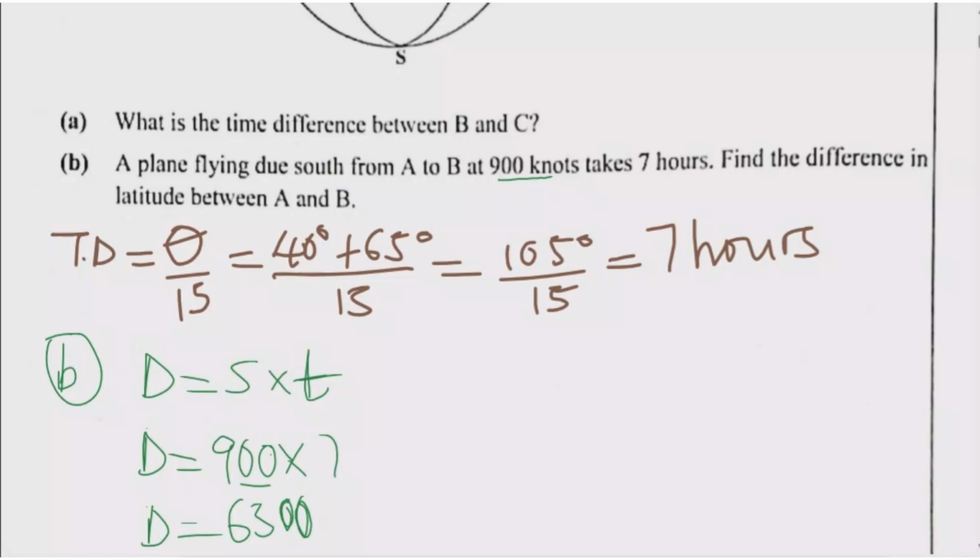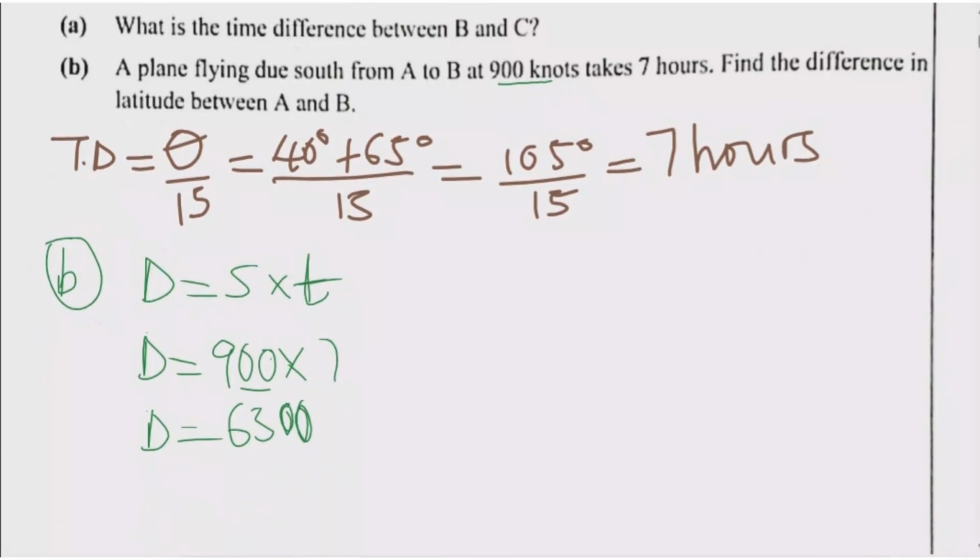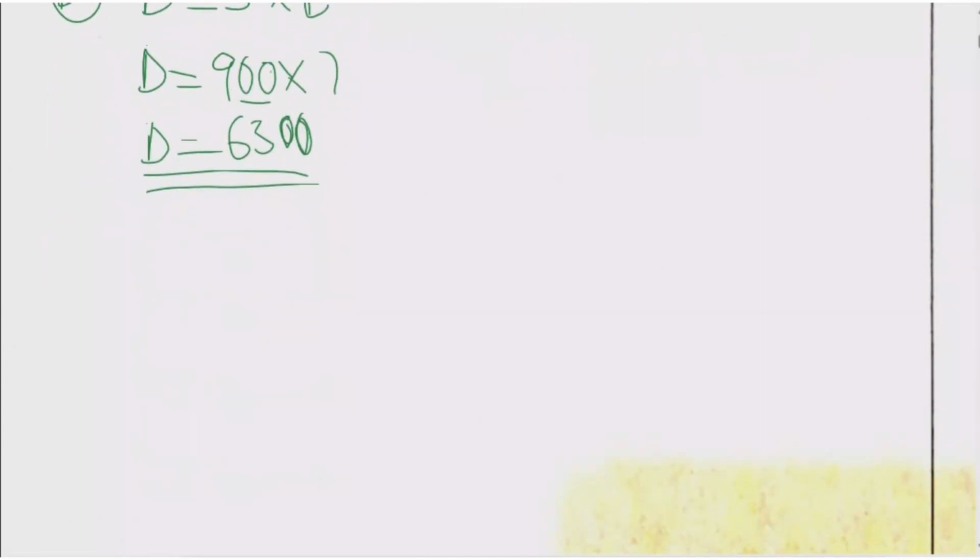Now what we want to find is the difference in latitude between A and B. It's more or less like finding theta. To find theta, we say distance is equal to 60 theta.